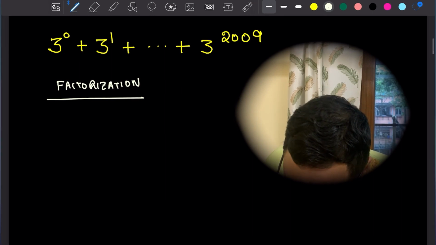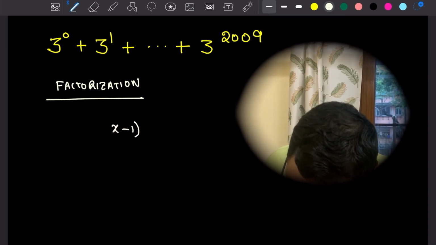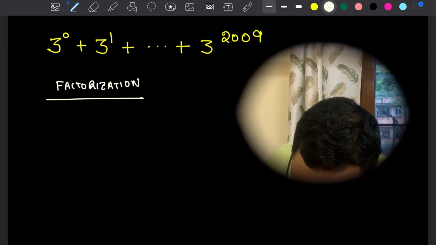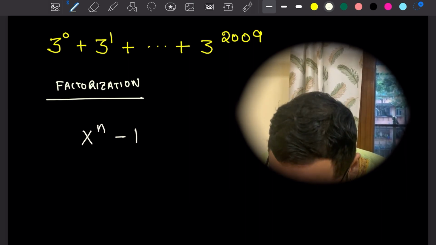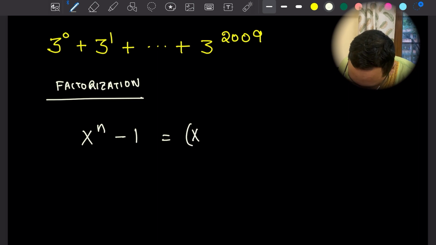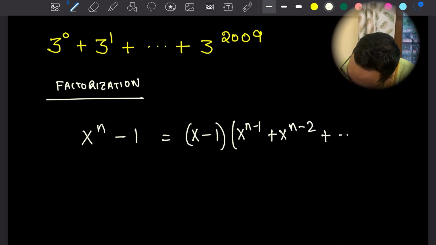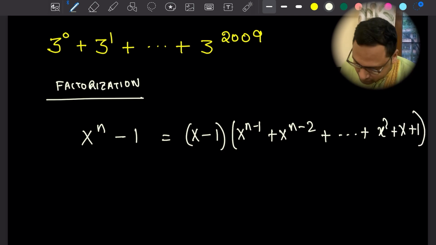It's a factorization of x to the power n minus 1. It is x minus 1 times x to the power n minus 1, x to the power n minus 2, up to x squared plus x plus 1.